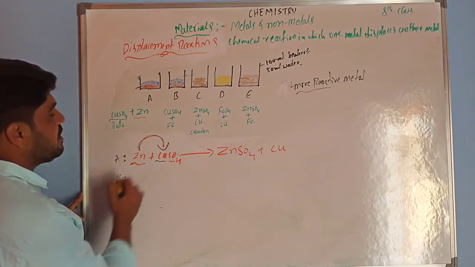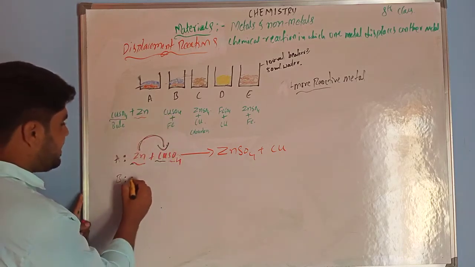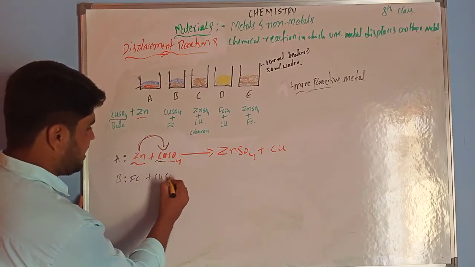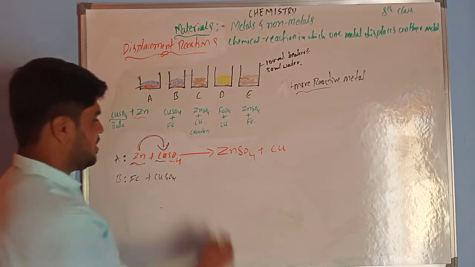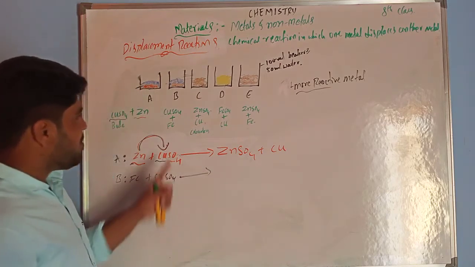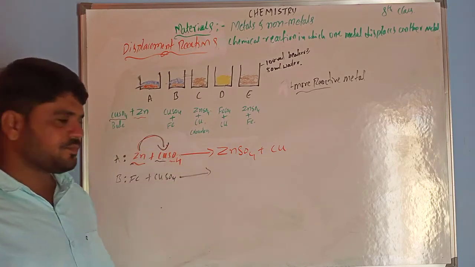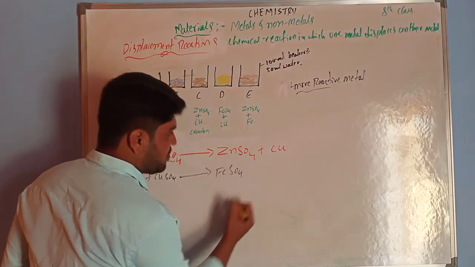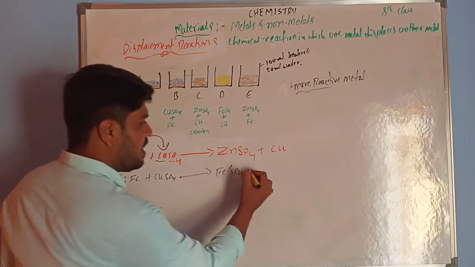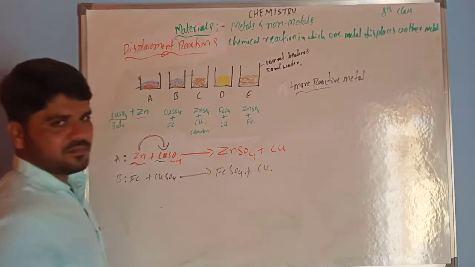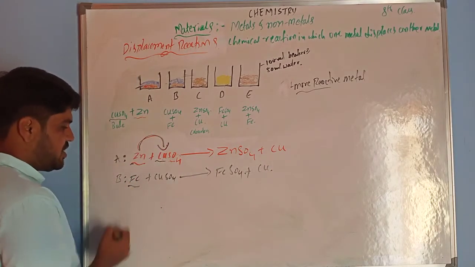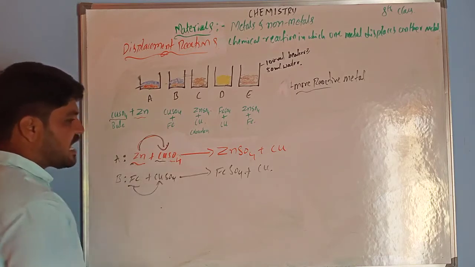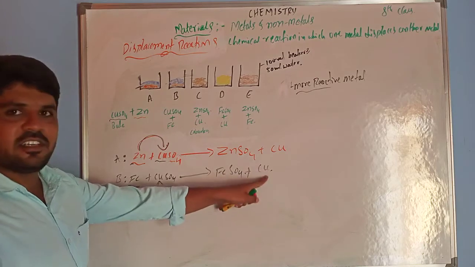Now we have iron and copper sulfate. Can you guess the products in this second reaction? Of course, FeSO4 and copper. Here in this reaction, Fe replaces the copper.